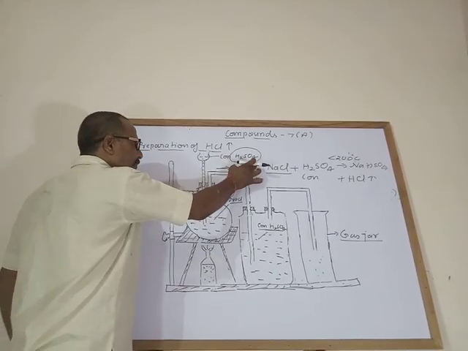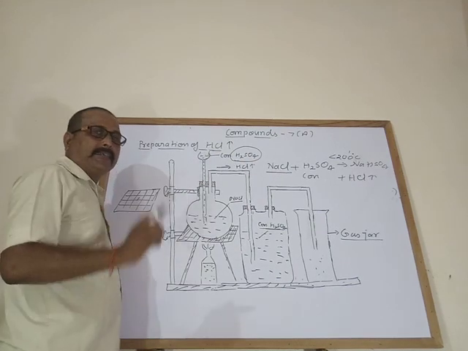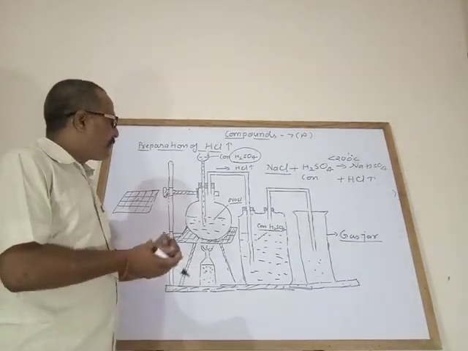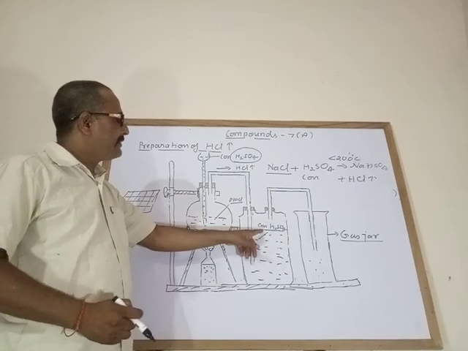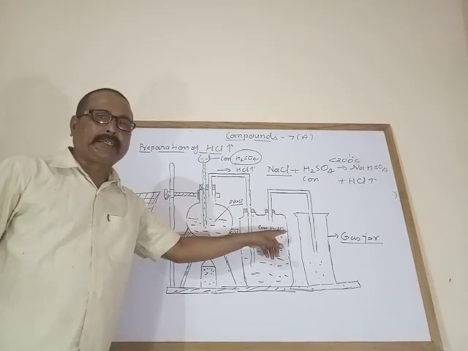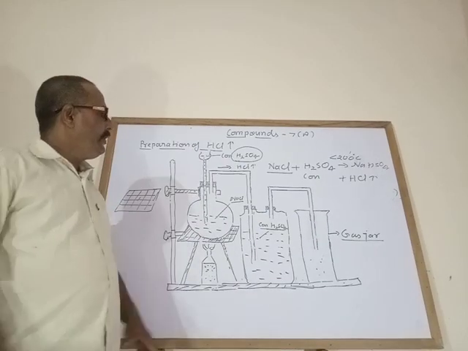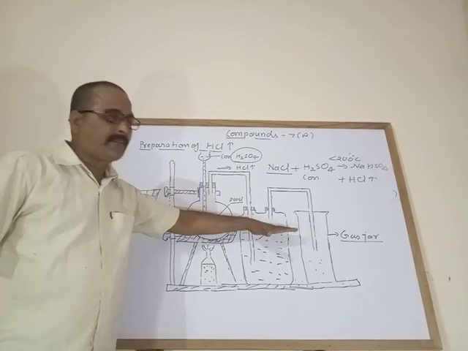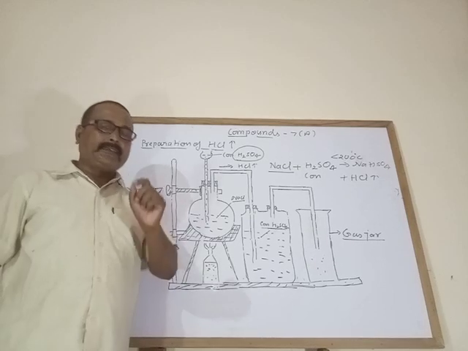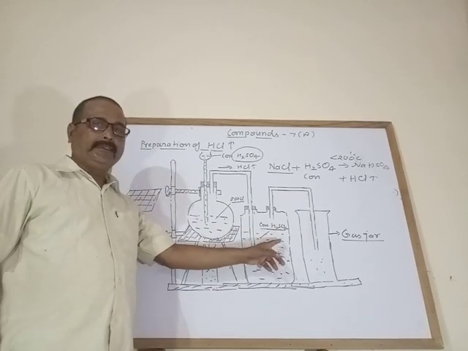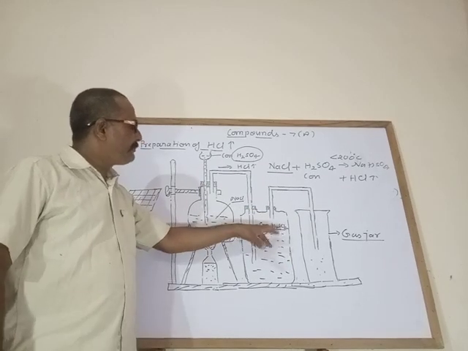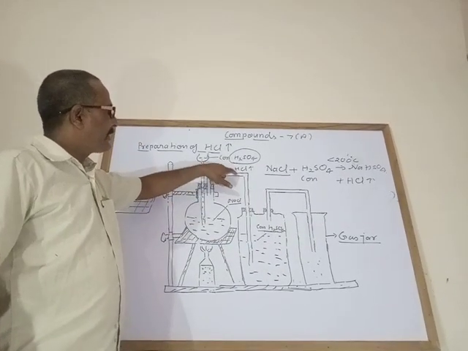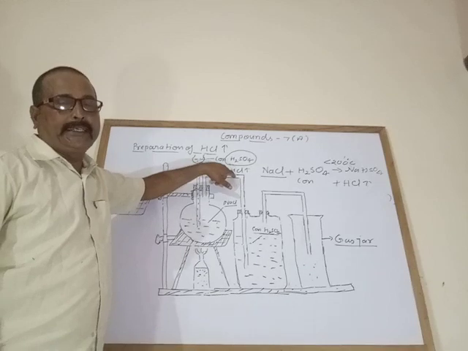But this hydrogen chloride gas contains some moisture, so we pass this gas into the other jar containing concentrated sulfuric acid. What is the function of concentrated sulfuric acid? It acts as a drying agent, which means it absorbs the moisture present in the hydrogen chloride gas.